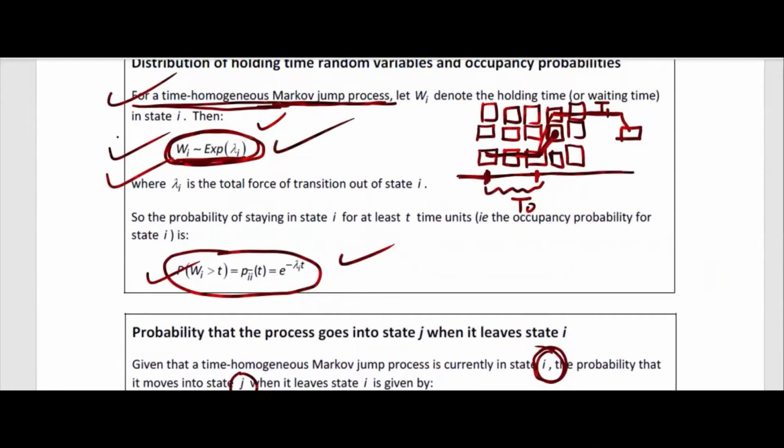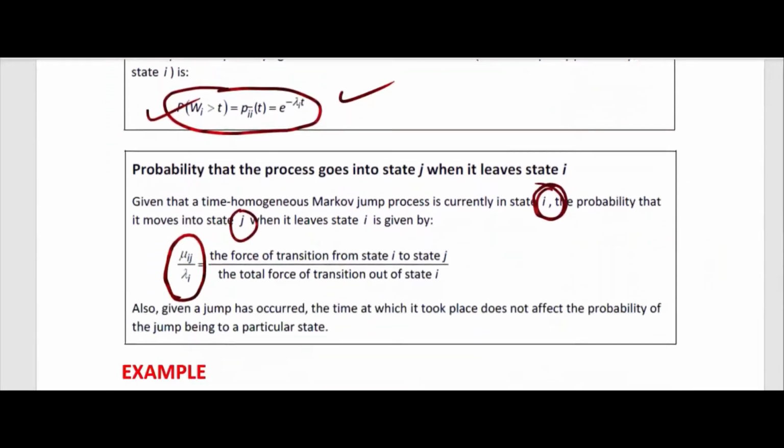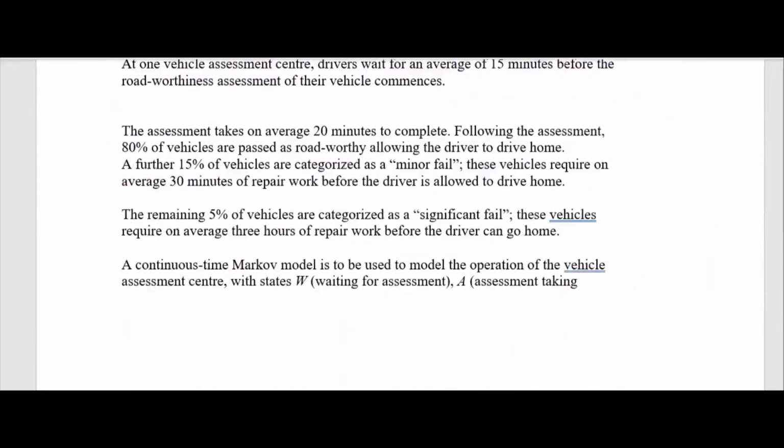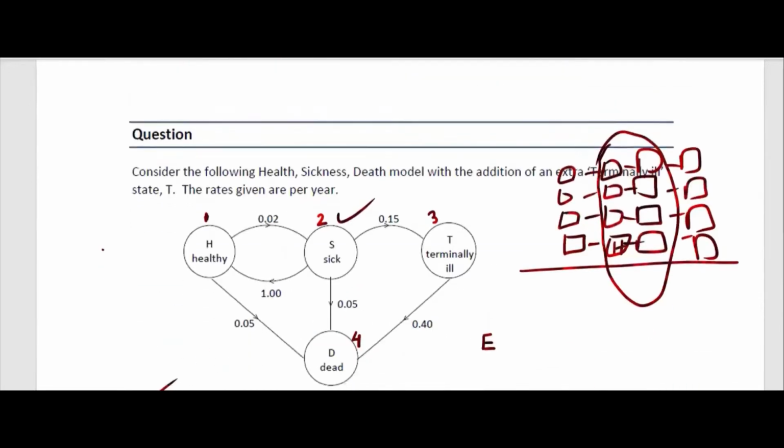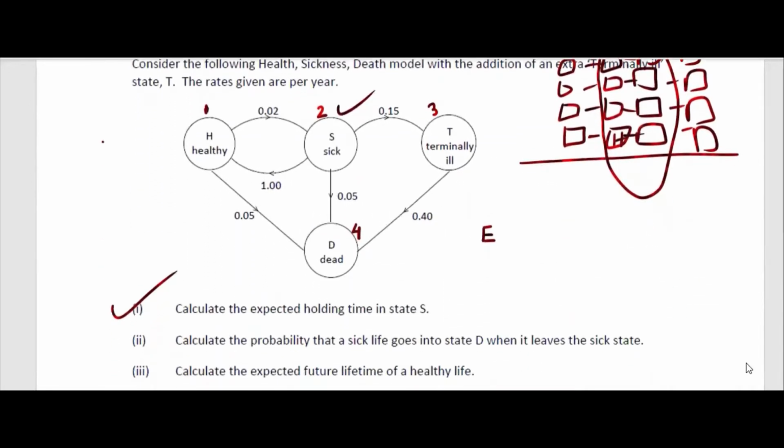Okay, so we should know W2. We are talking about holding time. W2 follows exponential lambda, and we need to find this. So if you know lambda, you will be able to write this one.